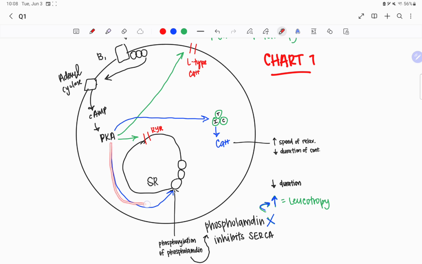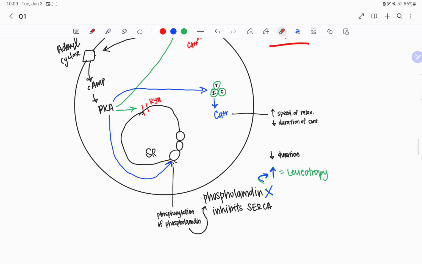PKA can also come over here, and it will phosphorylate what's called phospholamban. Phospholamban inhibits the SERCA pumps. So if we get rid of the phospholamban, then we increase lusitropy, or relaxation, right? Because SERCA pumps, what they do is they pull the calcium back into the SR. So if we get rid of what inhibits the SERCA, so it just is pulling calcium back in, then we're decreasing the duration of contraction, and we're increasing speed of relaxation again.